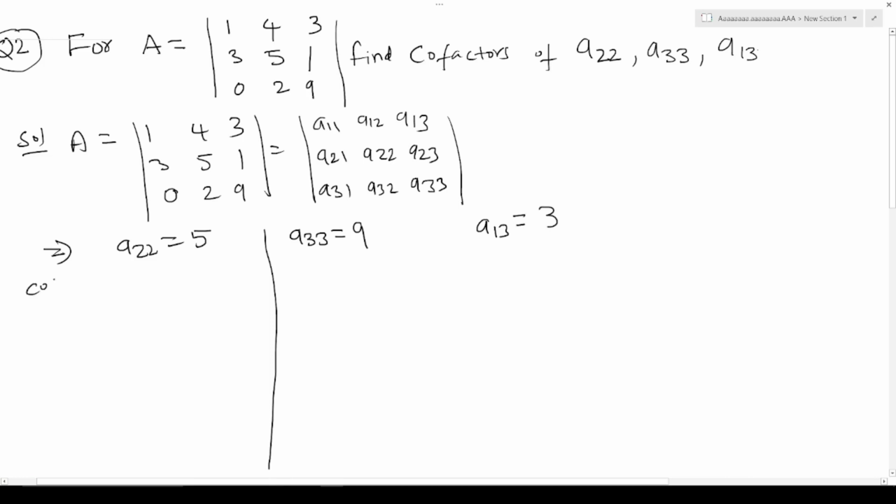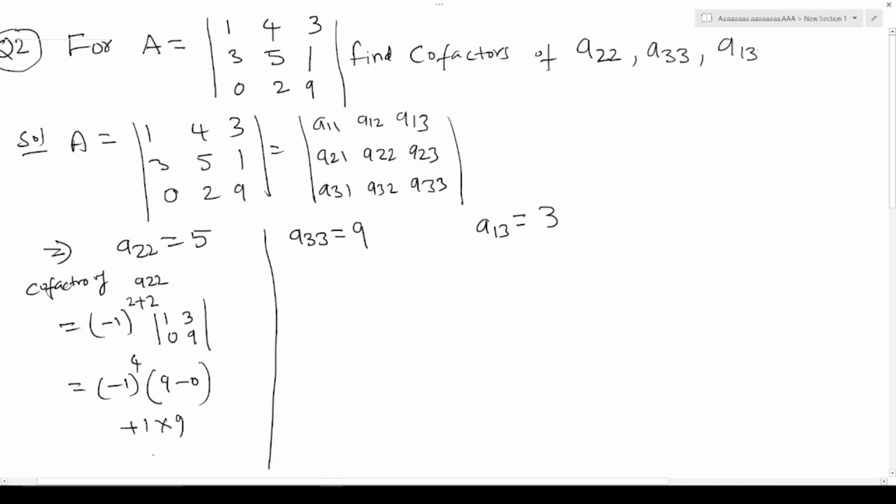Now the cofactor of A22 equals minus 1 raised to 2 plus 2 and the minor of A22, that is, 1 3, 0 9, equals minus 1 raised to 4 times (9 minus 0), plus 1 into 9, equals 9.